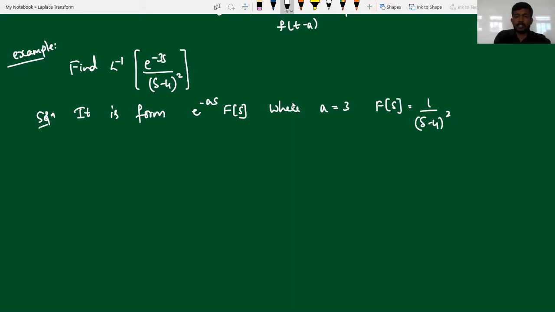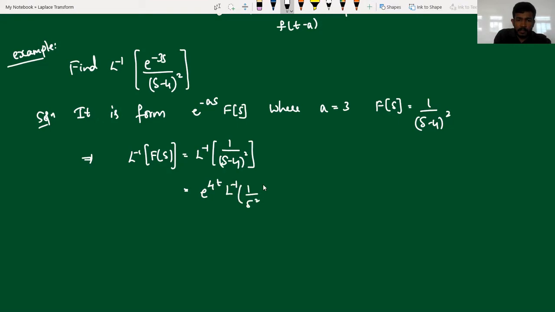As per the procedure, we need to find f of t minus a. So I take the inverse of this function, which implies L inverse of F of s is equal to L inverse of 1 upon s minus 4 whole square. I can rewrite this as e to the power of 4t into L inverse of 1 by s square.